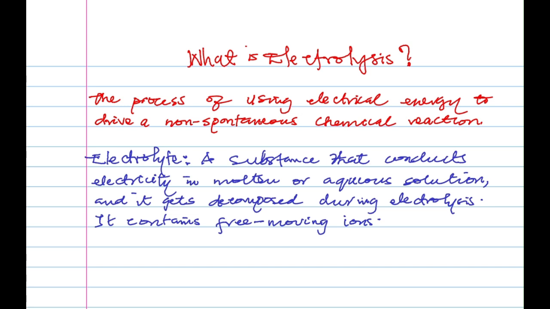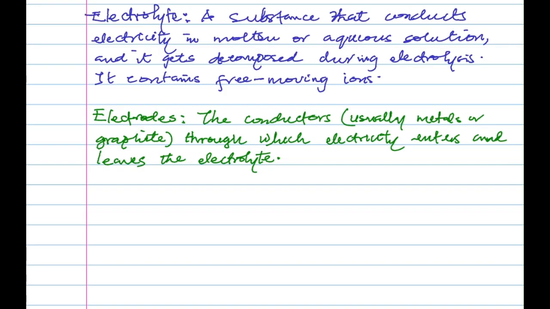As you see from the definition, it can be in molten form or in aqueous solution. Whenever electrolysis happens, the electrolyte gets decomposed during the process, and whenever it decomposes, it forms free moving ions.